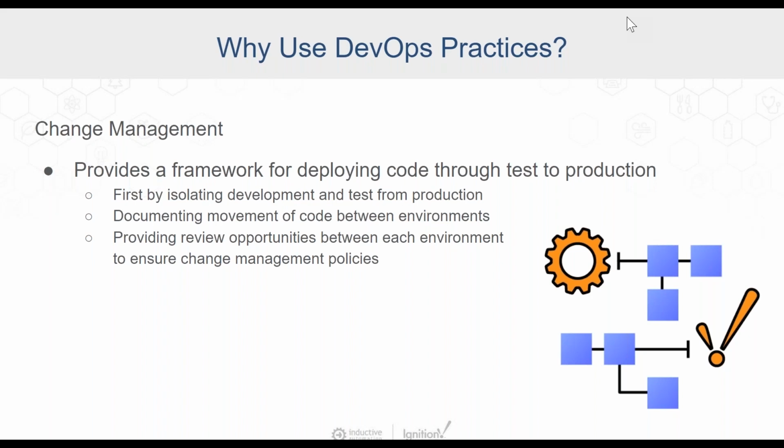from tech support, right? The old joke that I only test my code in production. Well, that's not acceptable, right? For your organizations or your customers' organization. So by utilizing a DevOps approach, utilizing this framework, we can document code movement and project resources and changes between environments, and those gates or milestones where we move resources between environments give us review opportunity as well.